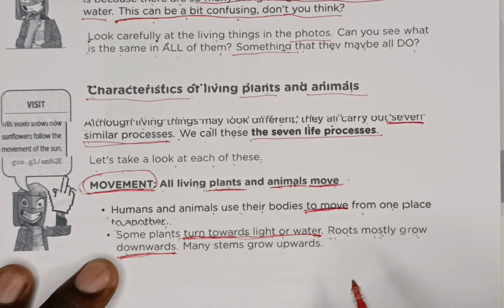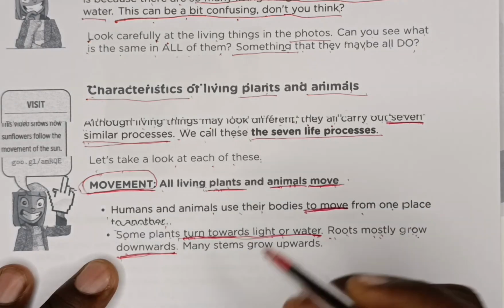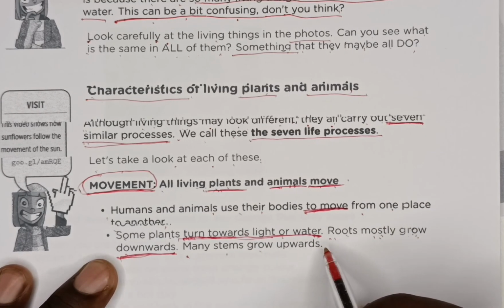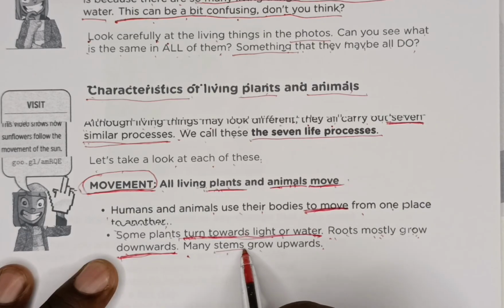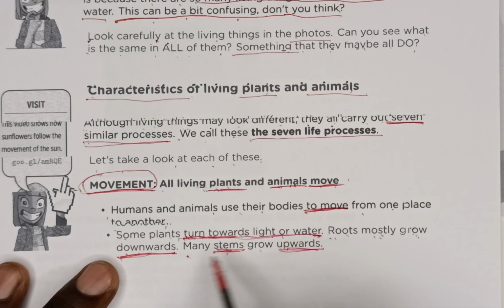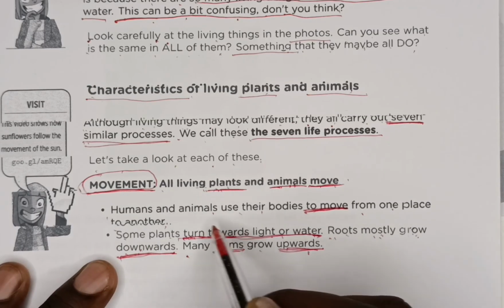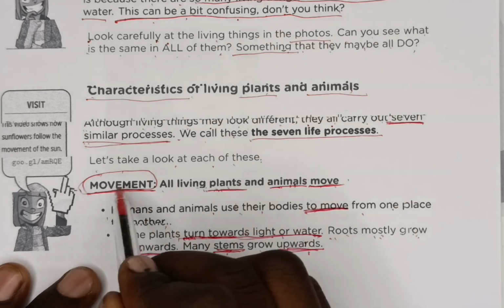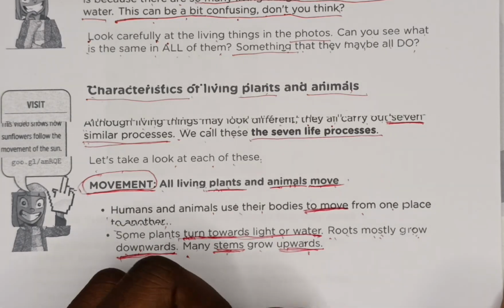So they move. The roots move downwards. Many stems grow upwards. So the stem of the plant grows upwards. So we see movement in both plants and animals. They move. The first aspect, moving.